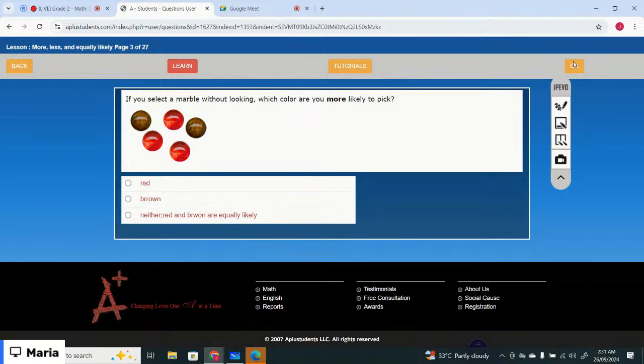If you select a marble without looking, on which color are you more likely to pick? So which is the correct option?